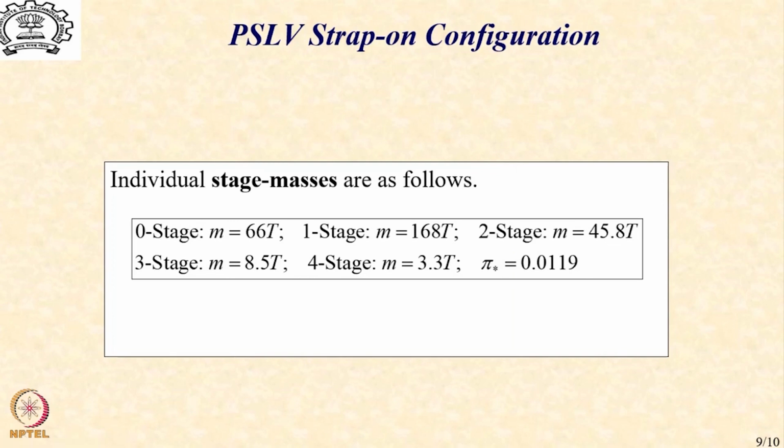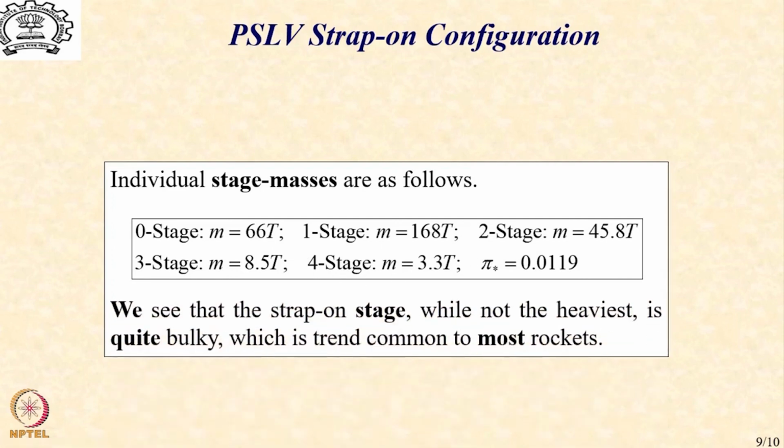So if you now look at this data, you can immediately see that while the strap-on stage may not necessarily be the heaviest, of course in some cases it could be, the strap-on stage is reasonably bulky, which is a trend common to most rockets, that typically your strap-on stage will be made reasonably bulky so that it can generate reasonable amount of thrust and propulsion capability, particularly in the lower atmosphere.